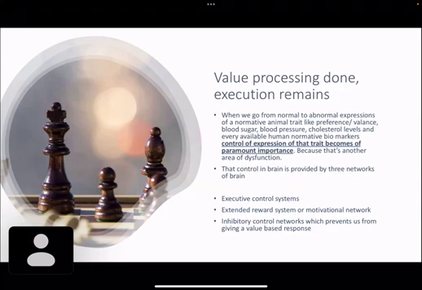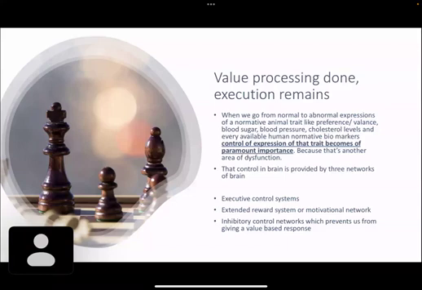Now we come to how we execute this. So now we go from value processing to execution.